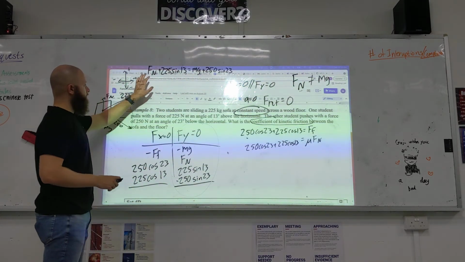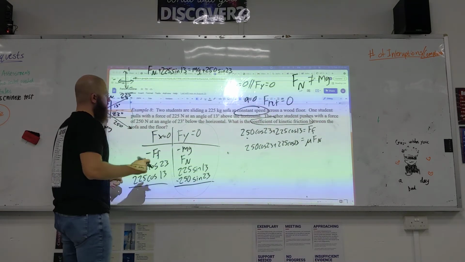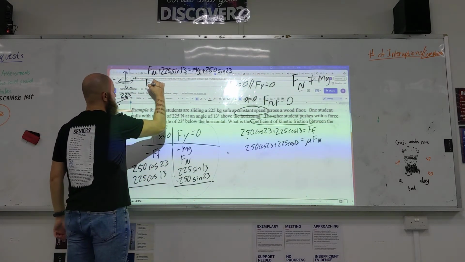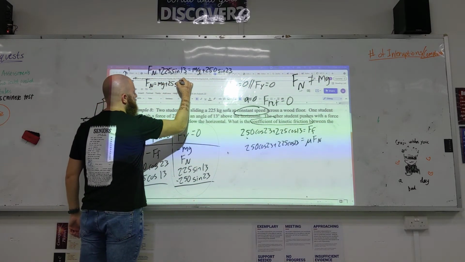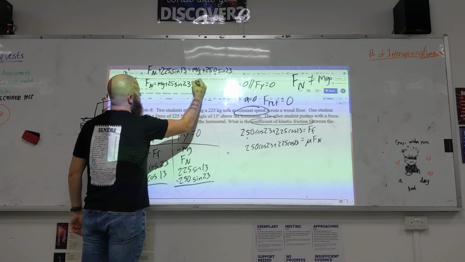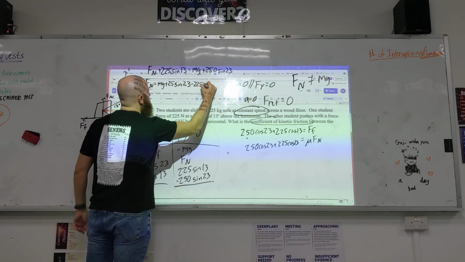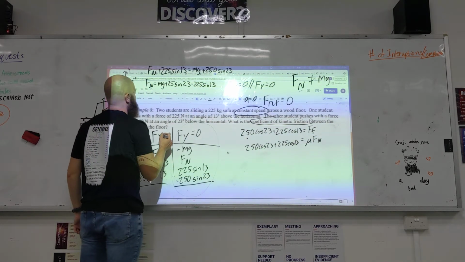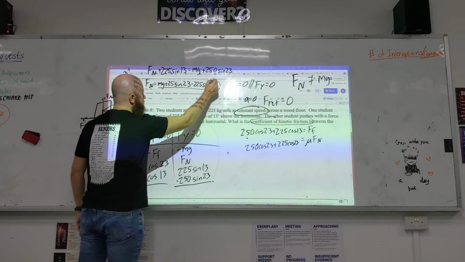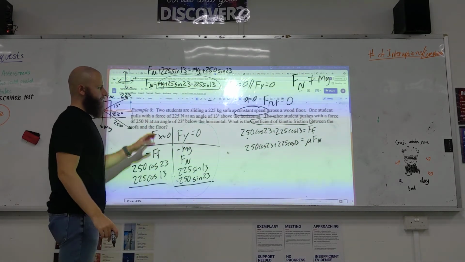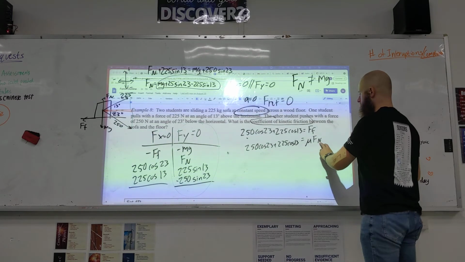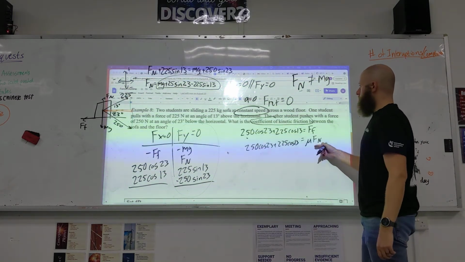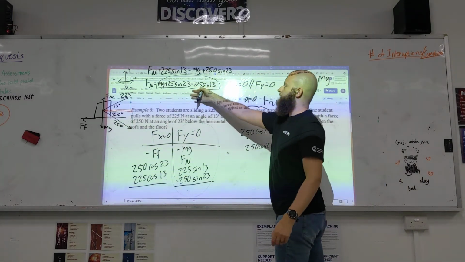Okay, so let's go ahead and solve for Fn. So that's actually fairly easy. So just Fn equals mg plus 250 sine 23 minus 225 sine 13. Okay, so all of this here, that's my Fn. So I need to plug that in over here. Okay, so to solve for mu, I just need to divide by Fn. So I'll take and divide by this number here.